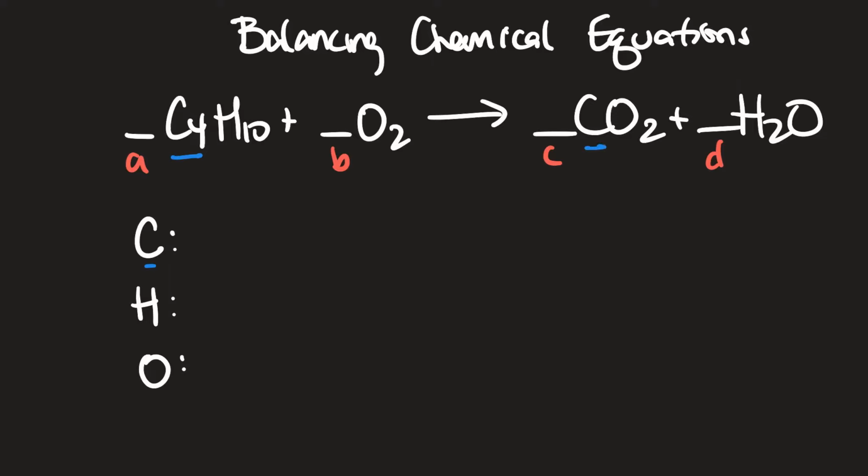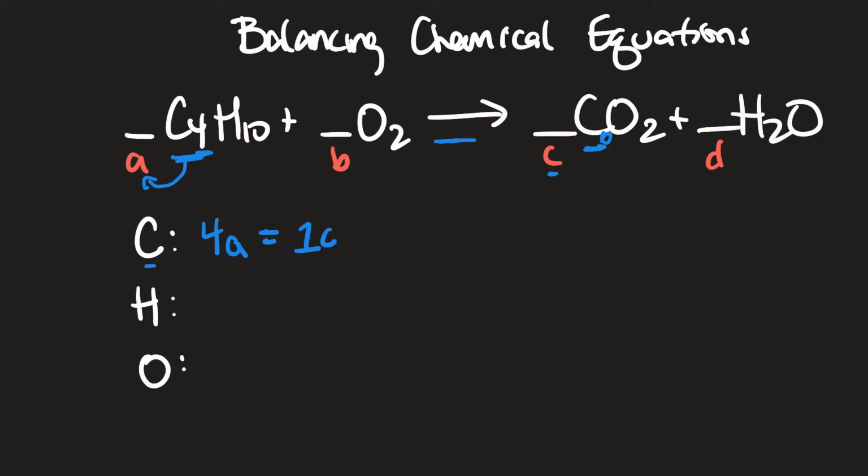This first carbon is associated with the variable A, so the way we write this is the number 4 and the variable: 4A. Once you cross the arrow, you write an equal sign, and then we go to the second carbon. This second carbon doesn't have a variable, so it's an understood 1C. So this is our algebraic expression for carbon.